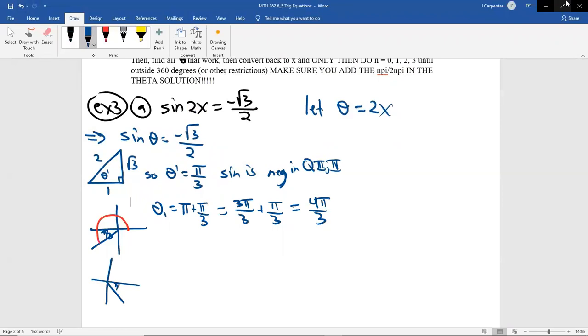So here's our pi over 3, meaning the actual angle swings till here, which is 360 minus the angle. 360 is 2 pi. So our second solution would be 2 pi minus pi over 3, which is 6 pi over 3 minus pi over 3, which is 5 pi over 3.